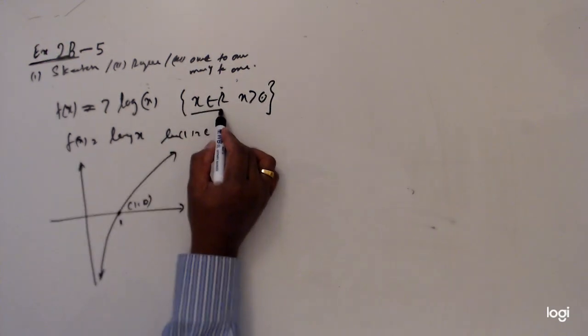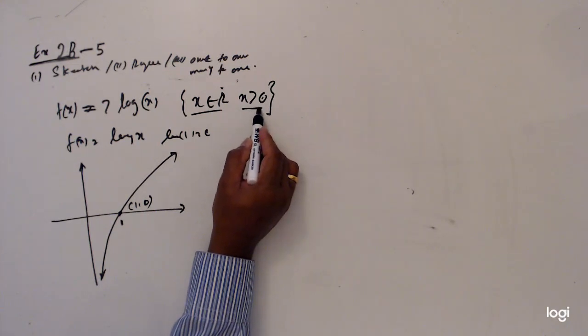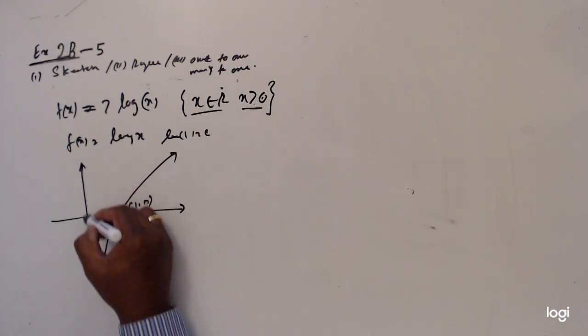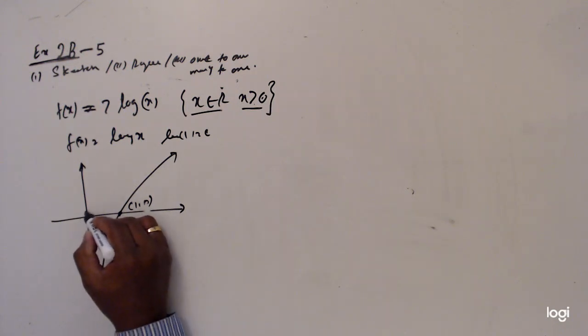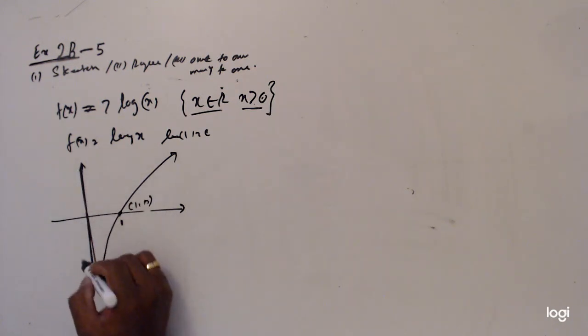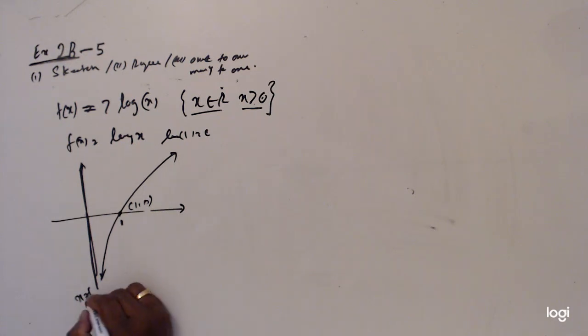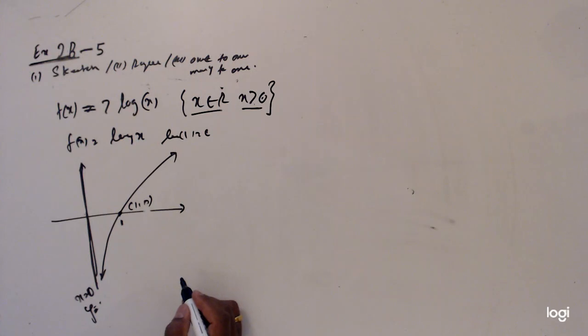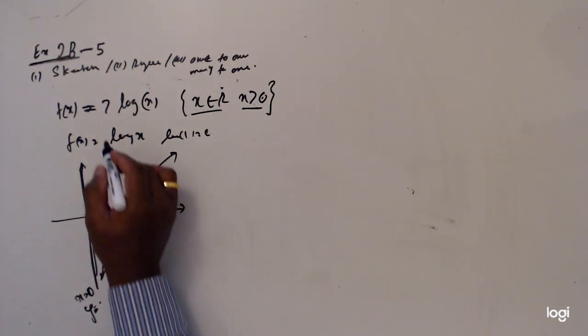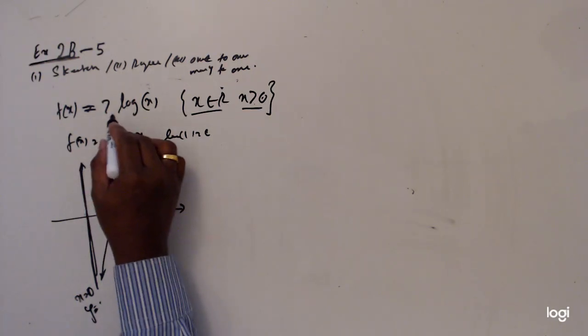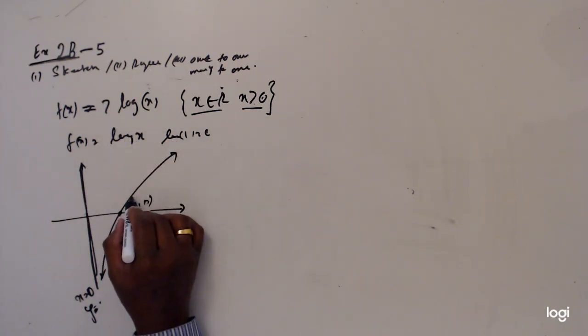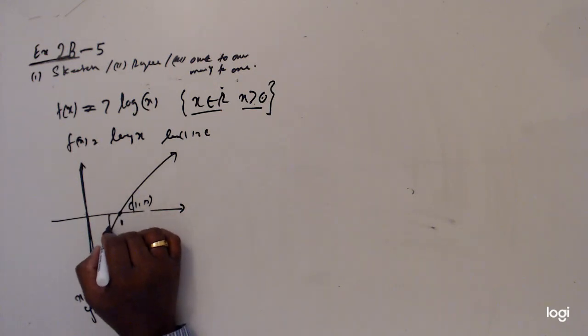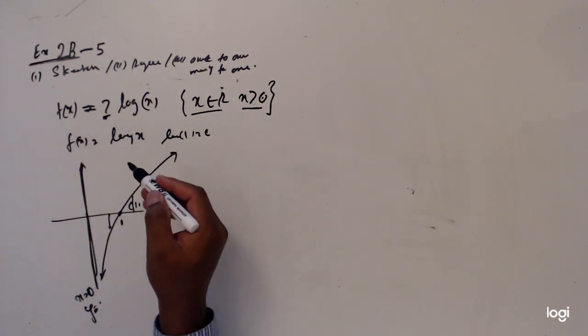And x is a real number, x greater than 0, not equal to, because the y axis, x equals 0, is going to be an asymptote. So what will happen now? This y value, from here to here, all the y values we want to multiply by 7.